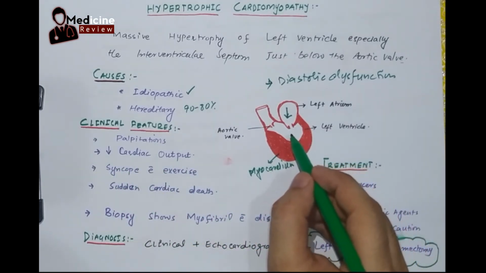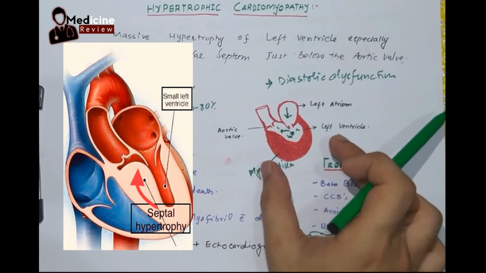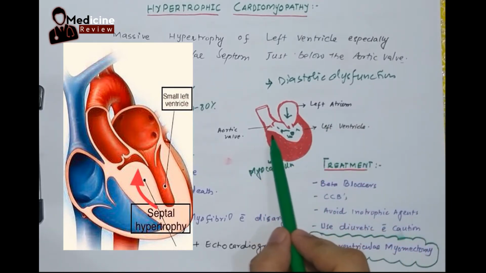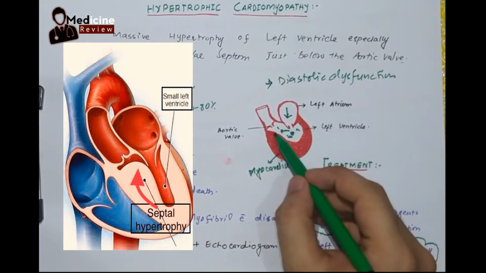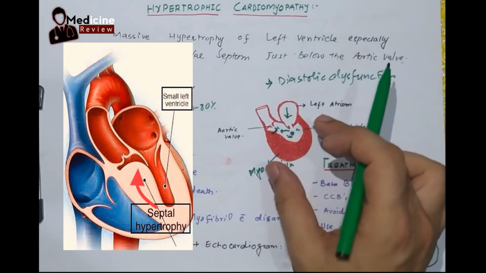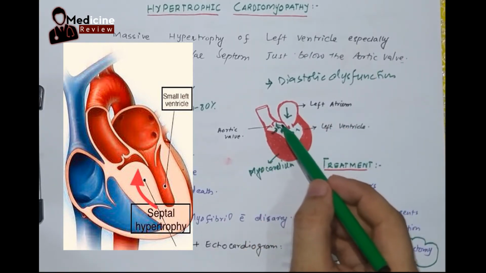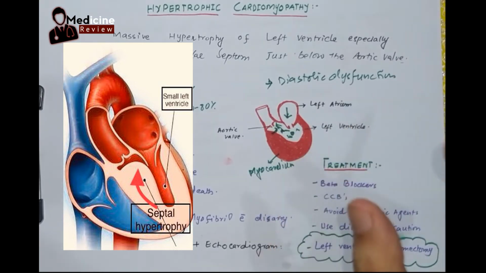Whenever even the reduced amount of blood comes to the left ventricle and the myocardium contracts, this hypertrophic part, which is just below the aortic valve, becomes squeezed and comes in front of the aortic valve. So the blood that comes out from the left ventricle into the aorta is very reduced.